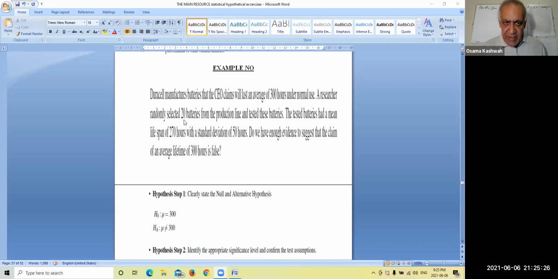A researcher selected 20 batteries from the production line and tested them. These batteries had a mean lifespan of 270. This is in the sample, so this is the average of the sample. The average of the sample is 270.